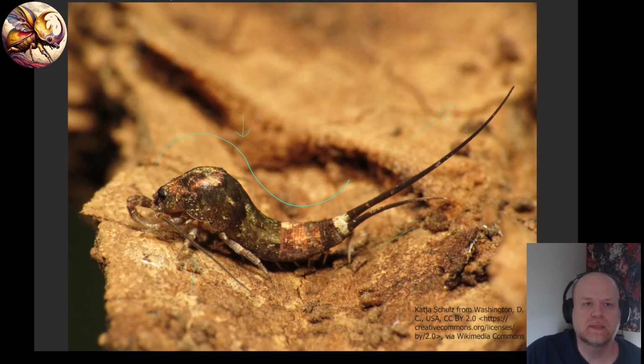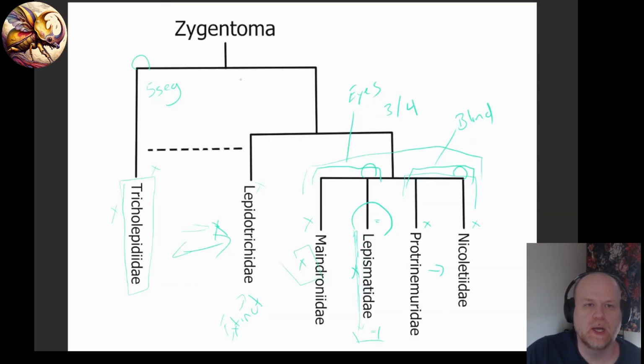So there are definitely some subtle differences between the Zygentoma and the Archaeognatha. They can be annoying to learn in that they look so similar, but they're actually two different groups. Just remember that the Archaeognatha are pinched in, and the Zygentoma are pinched up and down together. That helps me remember which way is which.